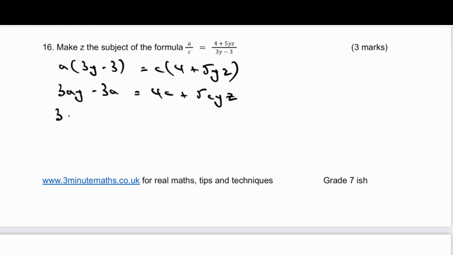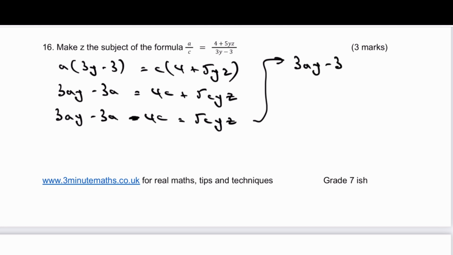So I can write that as 3ay minus 3a minus 4c equals 5cyz, and I want to get z on its own, so therefore I'm going to divide both sides by 5cy, so I'm going to get my final answer as 3ay minus 3a minus 4c all divided by 5cy, and that equals z.